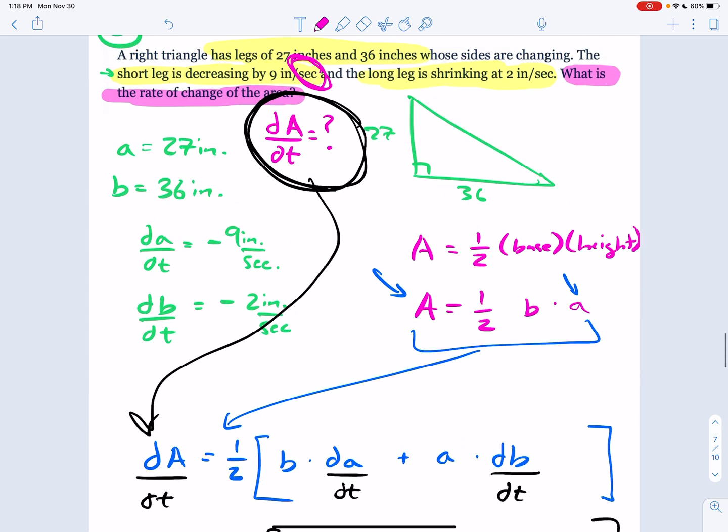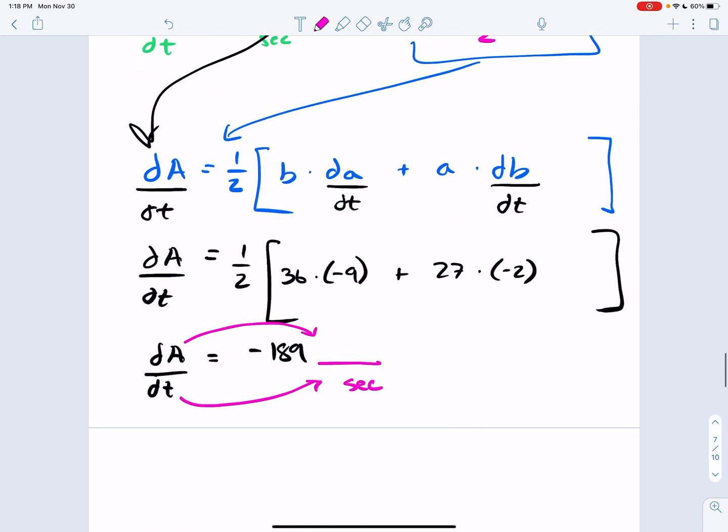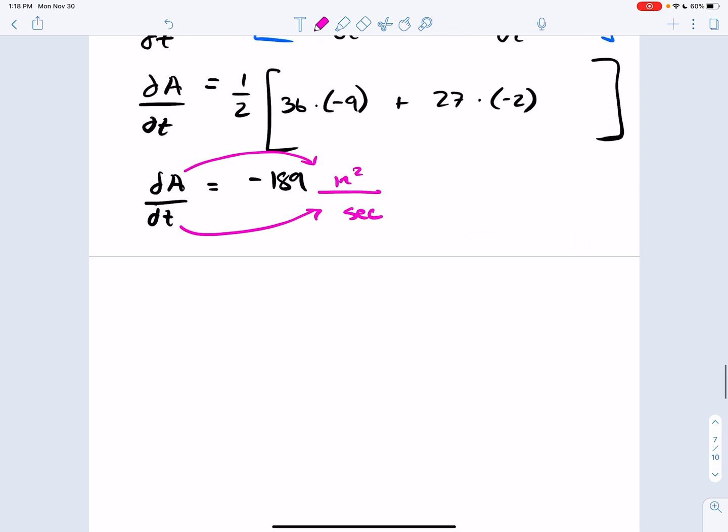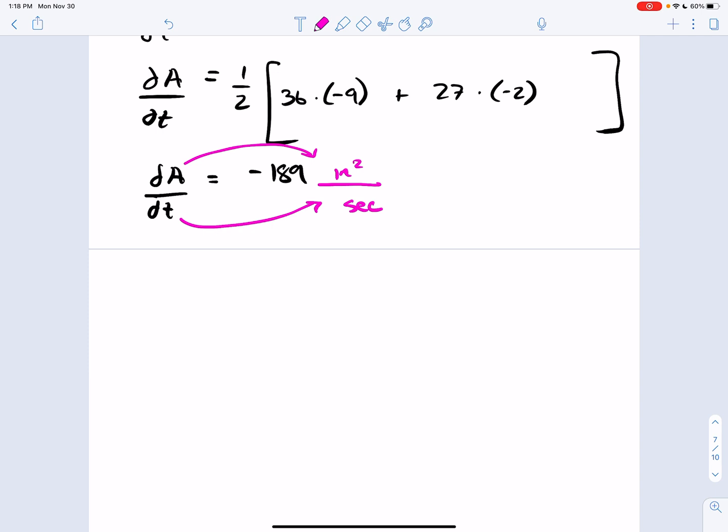So in this case, it's going to be inches squared. That way, you could avoid all of the units in between here. Okay? This is saying, since the derivative of A is negative, that says that A is decreasing at a rate of 189 squared inches per second.